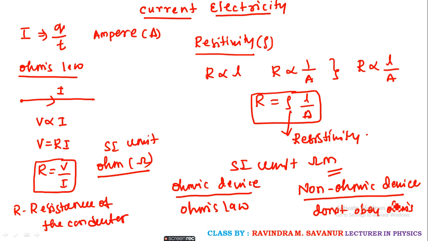Examples of ohmic devices are galvanometer, ammeter, voltmeter. Examples of non-ohmic devices are semiconductor diodes, triodes, etc. All these things we discussed in the last class.